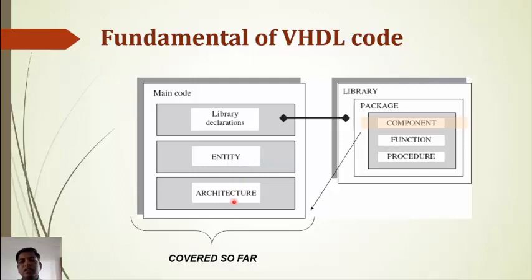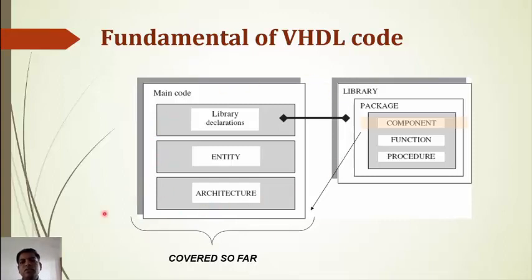There are three types of architecture modeling: behavioral, structural and data flow modeling. Sometimes they are combined as mixed modeling also. Up to this point we have covered so far.